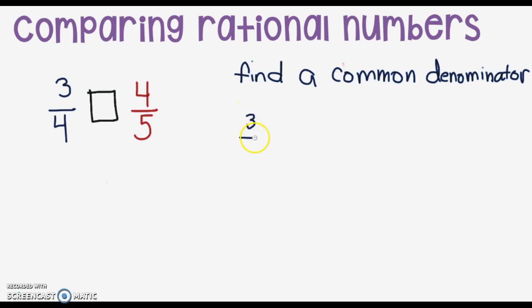So if we start with 3/4, I'm going to look at the denominator 4, and the denominator of the other fraction is 5. So I am going to multiply 4 times 5. That is going to give me 20.